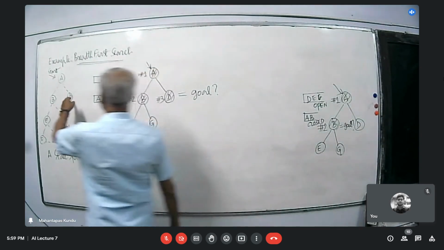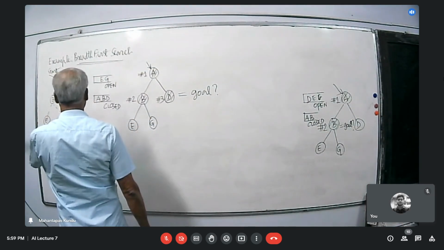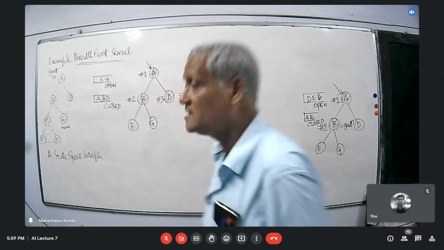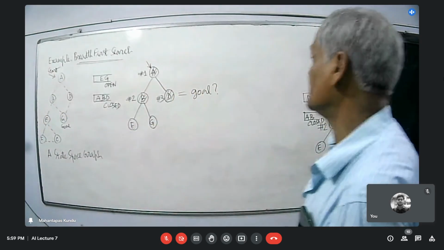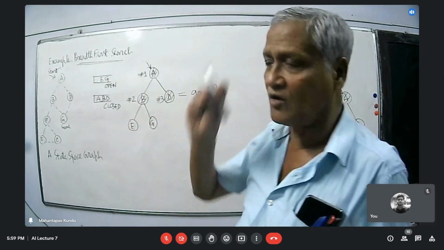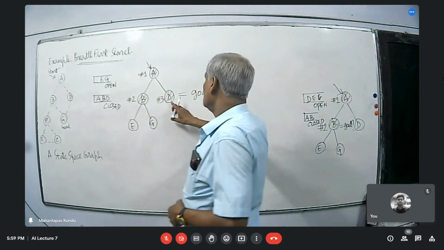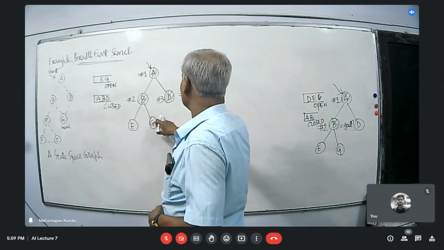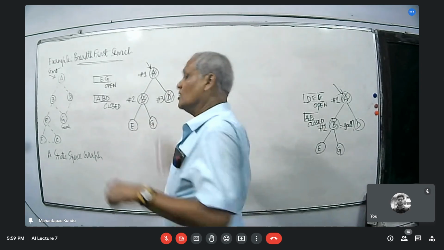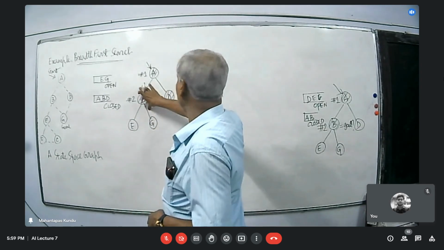In the graph, we find that the successor of D, which is G, has already been generated as the successor of B. So it is already in the search tree. So no need for generating G anymore because G has already been generated as the child of node B here.